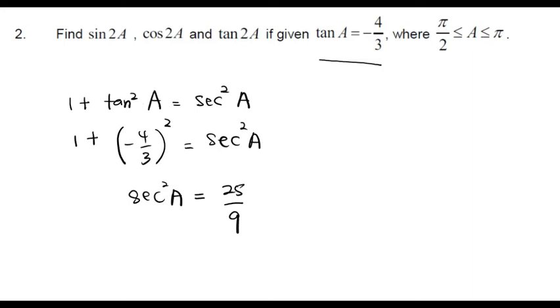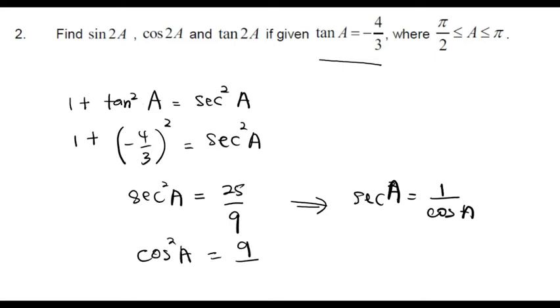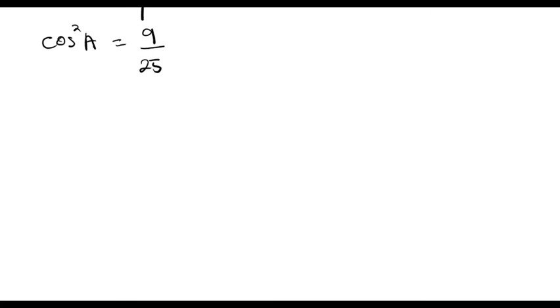Therefore, we know that secant A is equal to 1 over cos A. So we can find cos squared A equal to 9 over 25, and cos A is equal to plus minus 3 over 5.